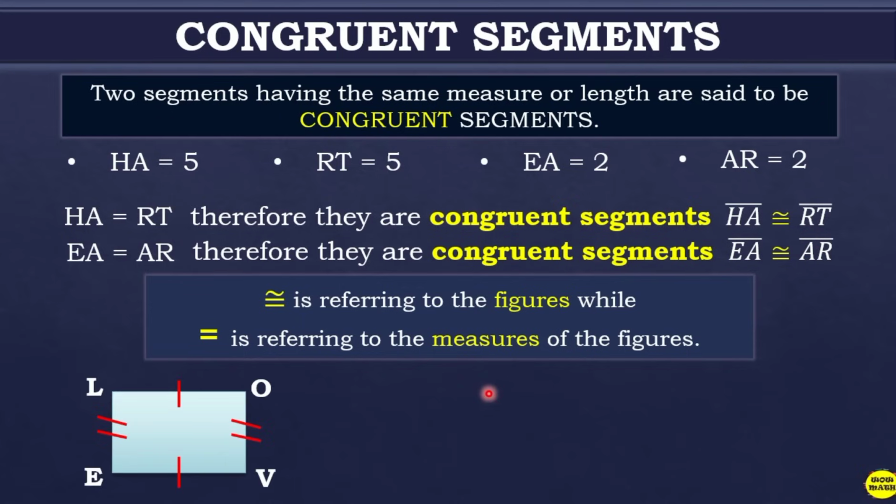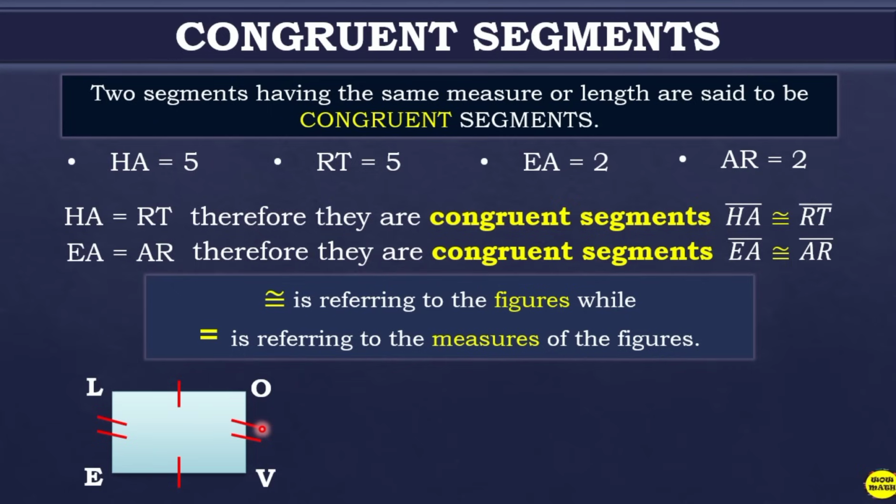Now, another way of naming, paano ba natin malalaman na congruent sila. Congruent segments can be illustrated using tick lines. Ito yung tinatawag nating tick lines or marks.